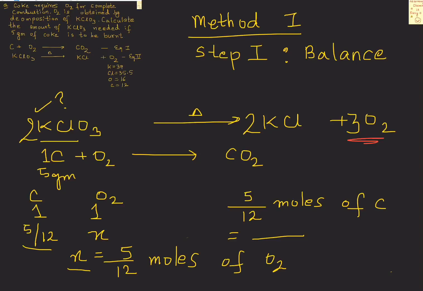So go ahead now and correlate potassium chlorate and oxygen. So how many moles of potassium chlorate? 2 moles of potassium chlorate release 3 moles of oxygen. So how many moles of potassium chlorate will release how many moles of oxygen we require for the second equation? 5 by 12 moles. Go ahead and do the calculations, please.